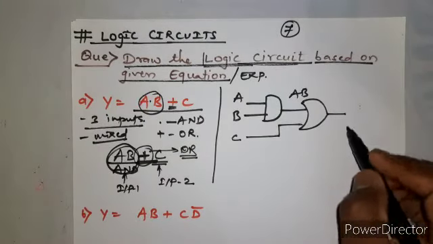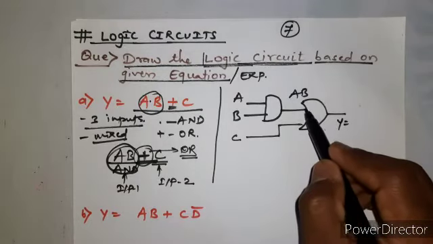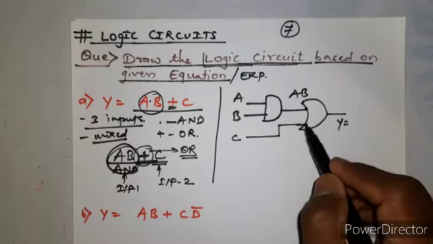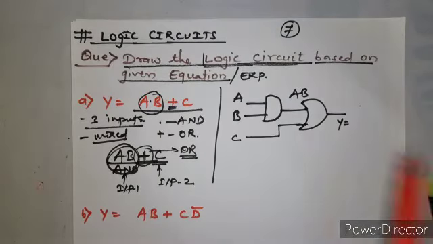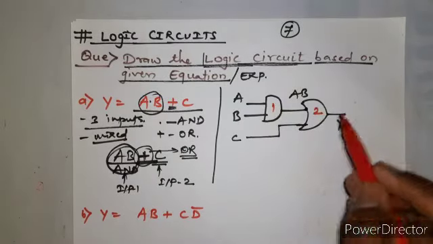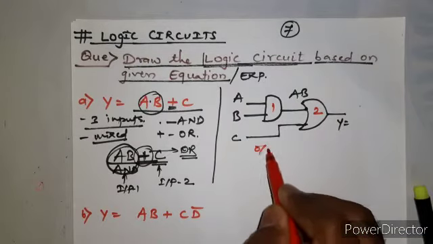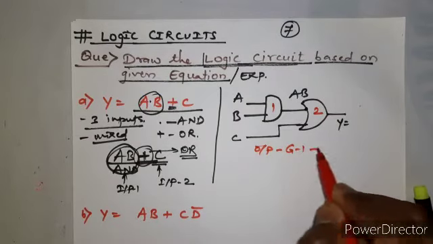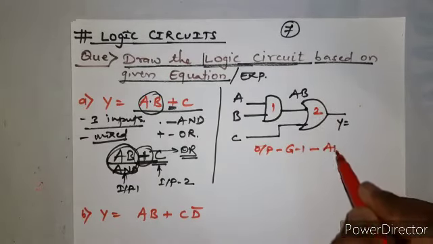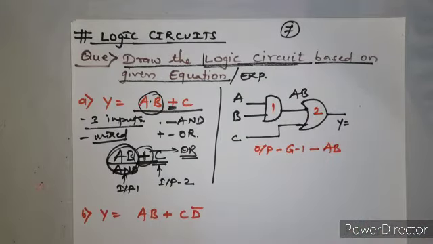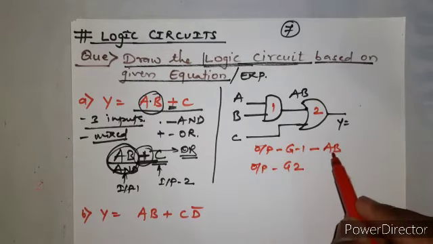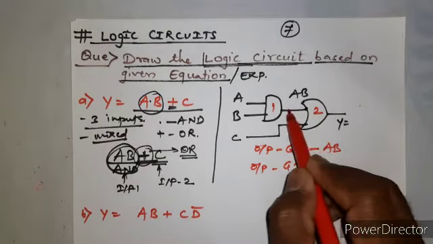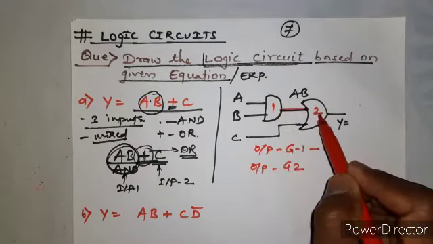Now let us try to write the equation from this circuit. You can see here, this is gate 1, this is gate 2. What is the output of gate 1? The output of gate 1 is AB. Then we have the output of gate 2. This output of gate 1 is connected as input to gate 2.